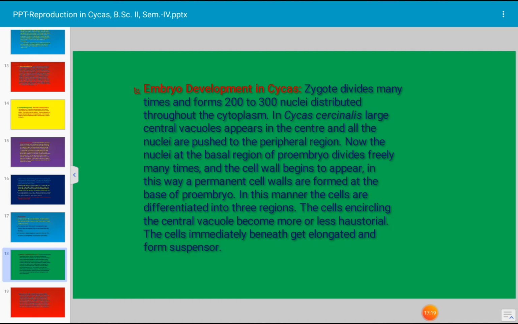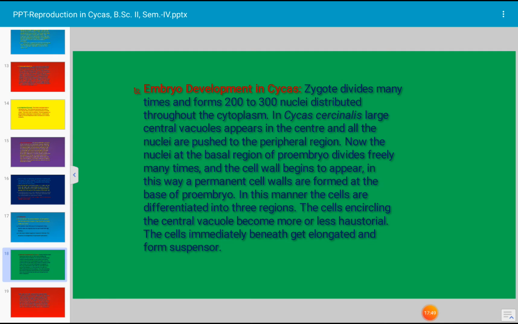In Cycas circinalis, a large central vacuole appears in the center and all the nuclei are pushed to the peripheral region. Now the nuclei at the basal region of the proembryo divide freely many times and the cell wall begins to appear. In this way, a permanent cell wall is formed at the base of the proembryo.